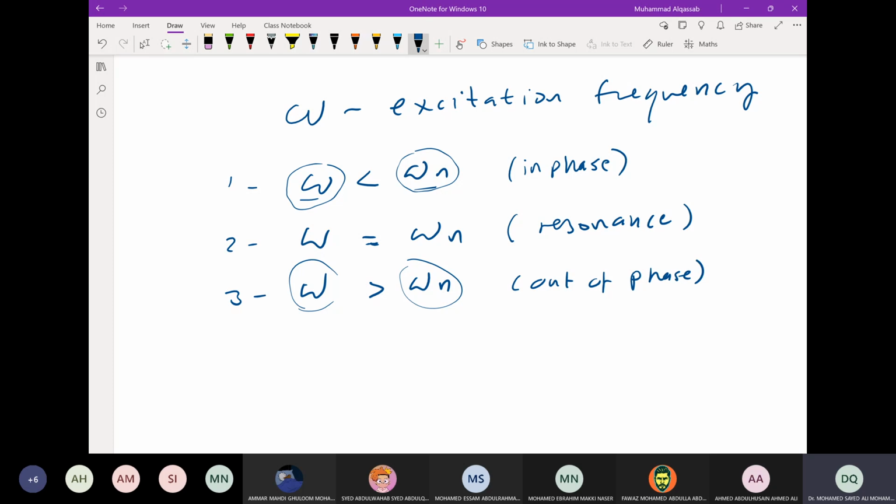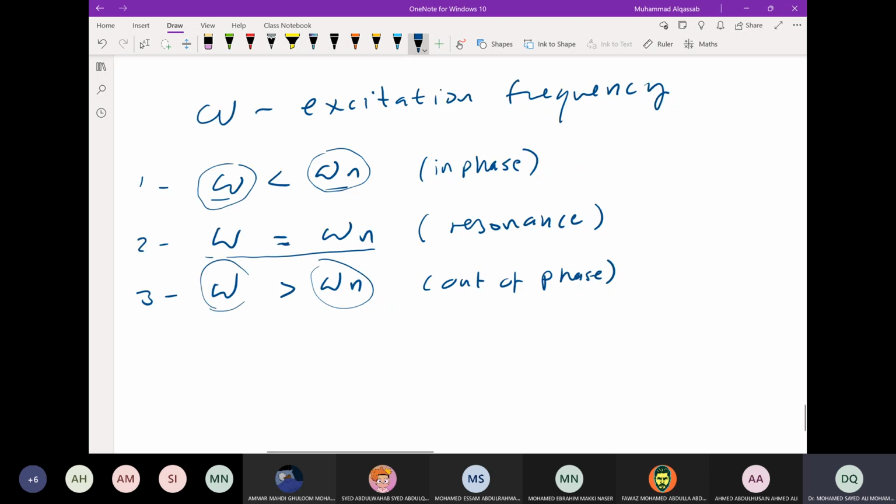It means you are making the amplitude even higher. And when it reaches the maximum in the negative direction, at the same time you are giving a push to the system. So this makes the amplitude the maximum possible. That is when omega equals omega n, and it is referred to as resonance. Resonance means reaching the peak of the amplitude, the maximum.